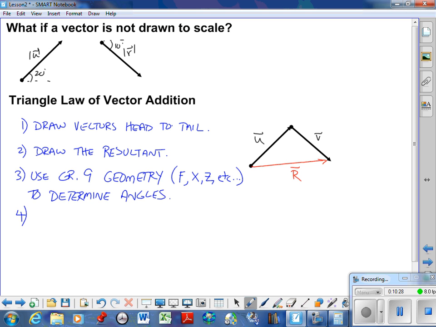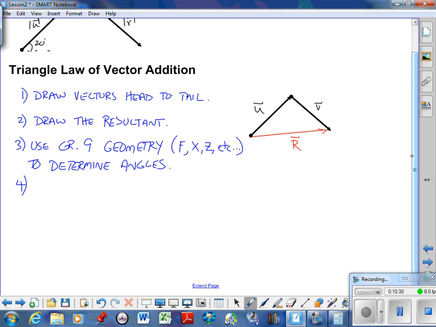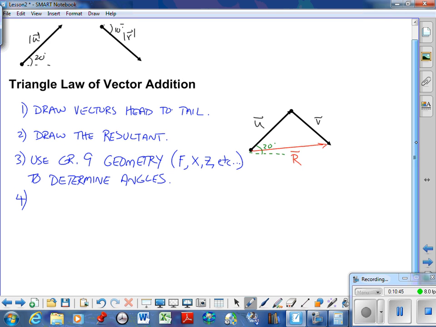And I don't have any numbers at this point in time. I guess I could use the 20. So from the note above there, I know the U vector, and you've got to be careful here because this resultant is not horizontal, right? So I know this angle with the U vector is 20 degrees. I know that V vector made a 10 degree, okay? So I don't have any angles inside the triangle yet.